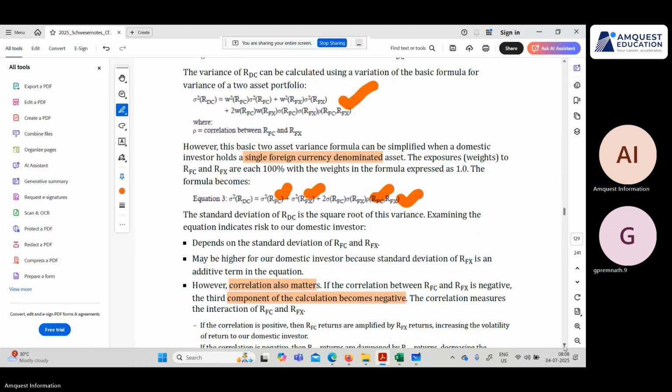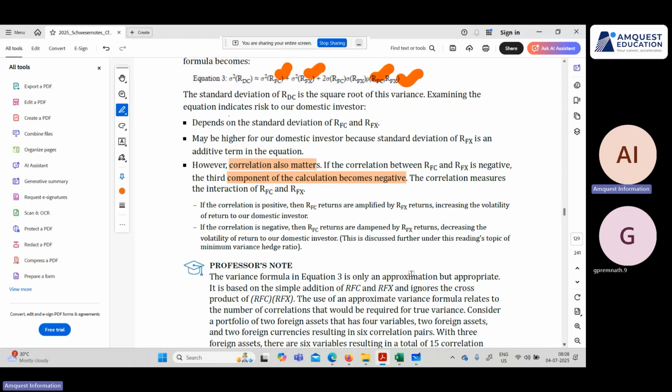I was trying to explain this part, but let's keep it for now that the correlation is positive. Then RFC is amplified by RFX. Obviously, if the correlation is positive, the volatility will increase. Volatility is risk.